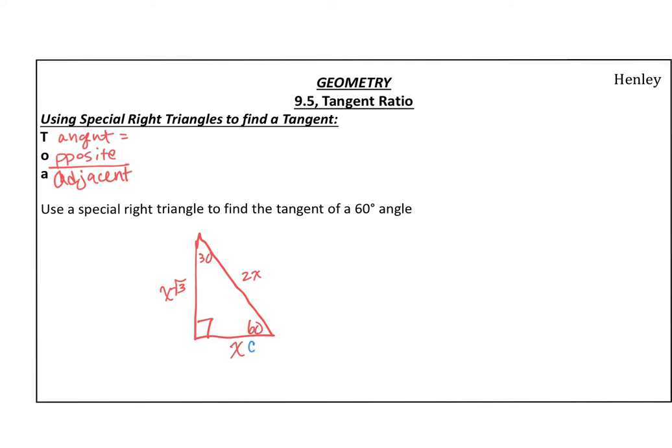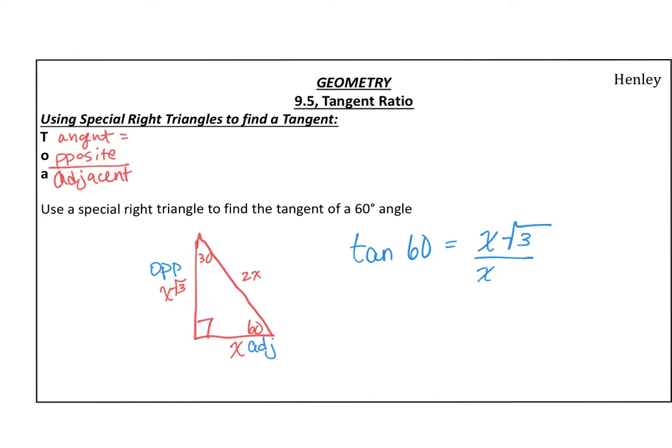The x is my adjacent. The x times the square root of 3 is opposite 60 degrees. So the tangent of 60 equals x times the square root of 3 over x.